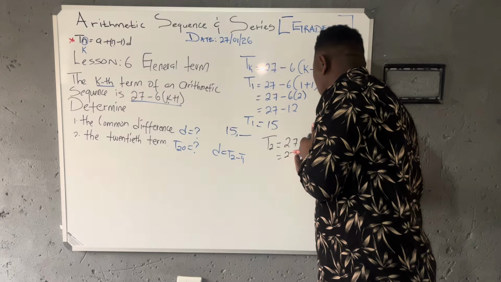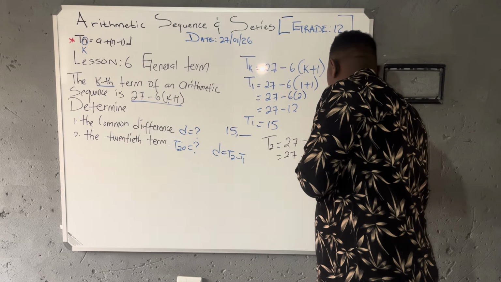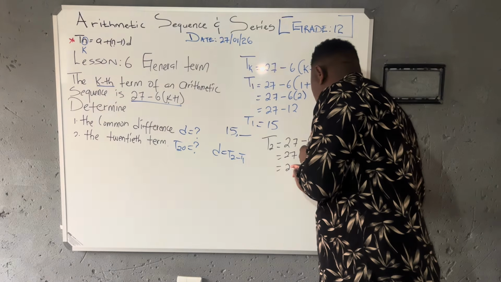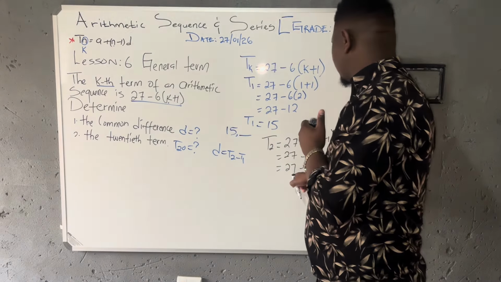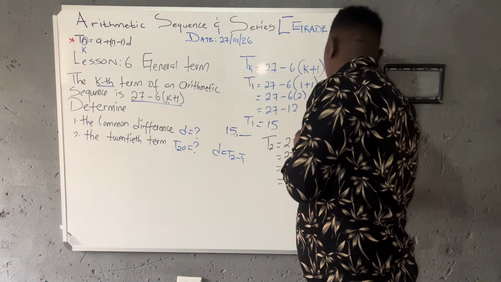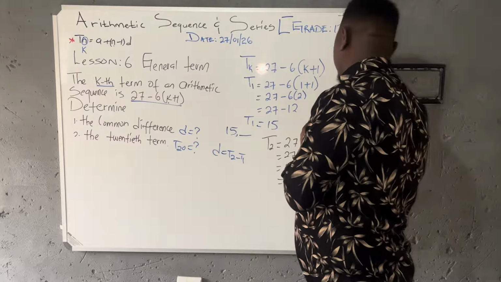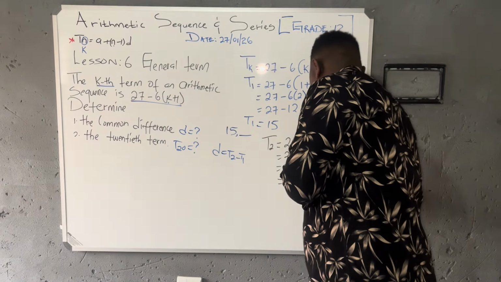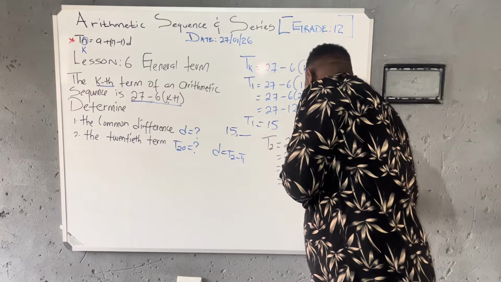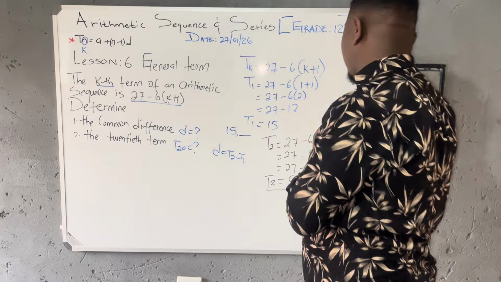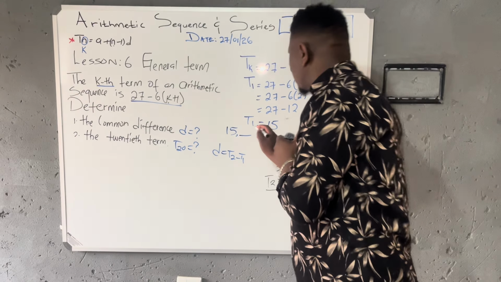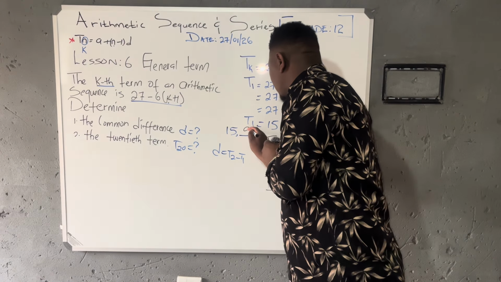Then I'm getting 6 times 3, and we know that this will be 18. And 27 minus 18, okay, that's going to be 9. I think that's going to be 9. You can correct me if I'm wrong. Maybe I might see this after, but that's 9. So it means my second term is 9.